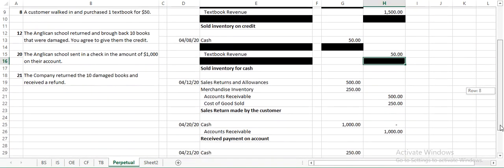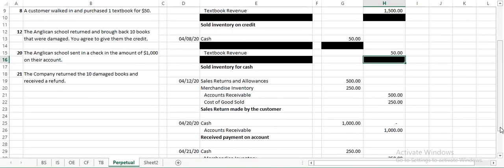Now, on the 12th, it says the Anglican school returned and brought back 10 books that were damaged. You agree to give them a credit. Similar to how we did the reverse of the selling of the inventory item, the same happens when a customer returns an item. We just do the reverse again.